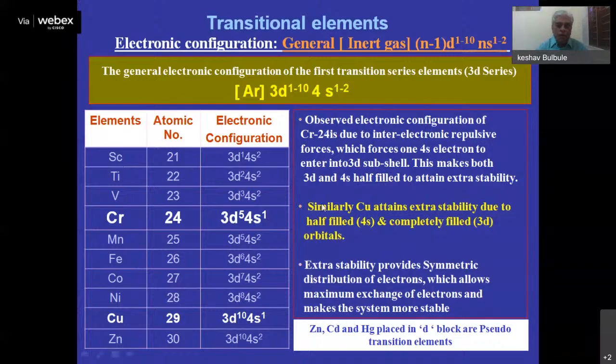Here it is completely filled orbitals, and hence there is a shift of an electron from 4s2 to 3d9, so that 3d9 becomes 3d10 and 4s2 is reduced to 4s1. And in this case, zinc 30 has completely filled orbitals 3d10 and 4s2.